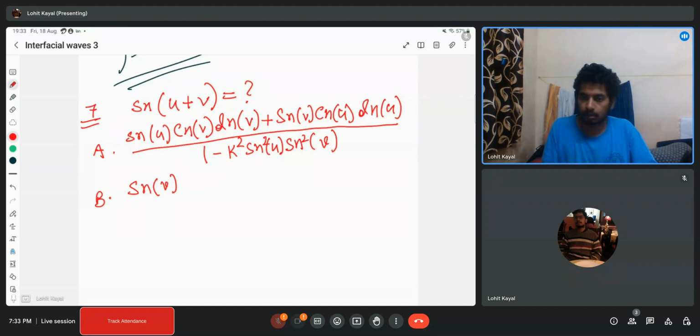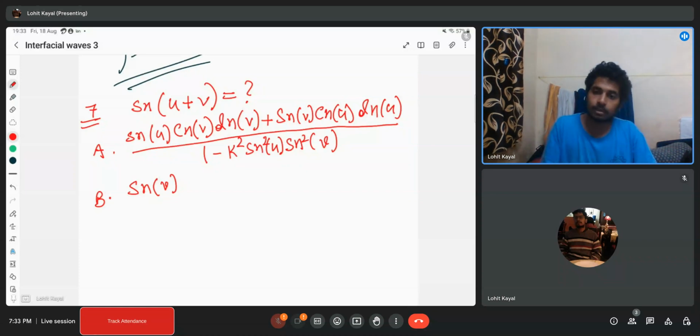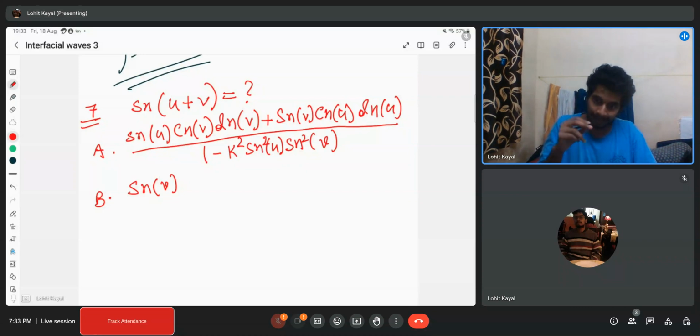So what will be our choice? If you see those options carefully, what we can always do is go back to the trigonometric limit. That means we can go for the circle.